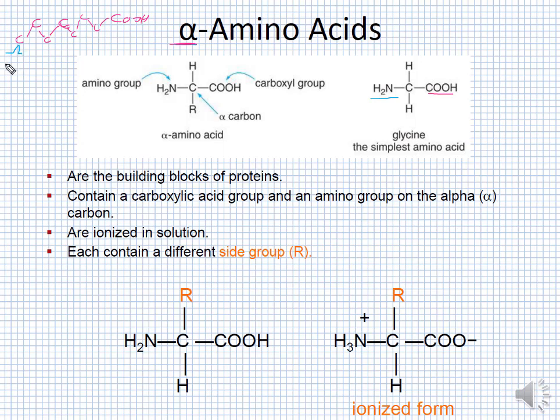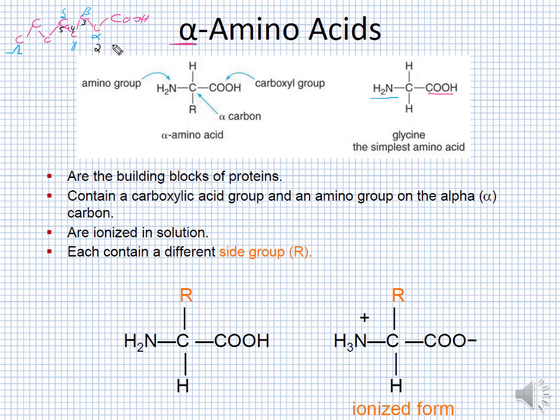It's the last letter in the Greek alphabet. First letter in the Greek alphabet is alpha. Now this carbon here with the carboxyl group is not the alpha carbon. It's this carbon that's next to it. Okay, so it'd be alpha, beta, gamma, delta, and so forth. So they correspond to carbons 2, 3, 4, 5, and whatnot. So we're really looking at carbon 2.